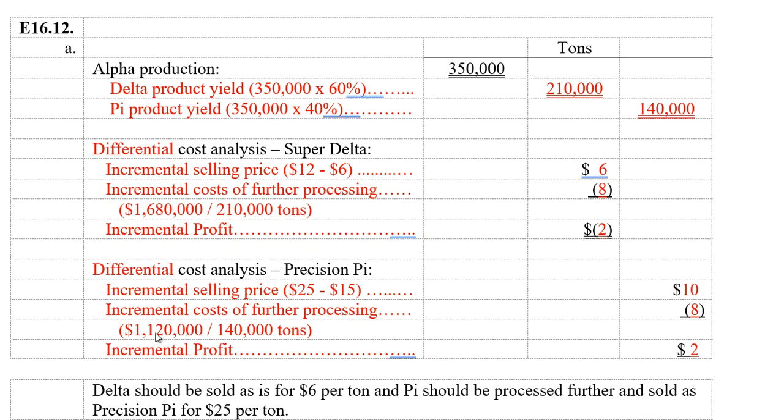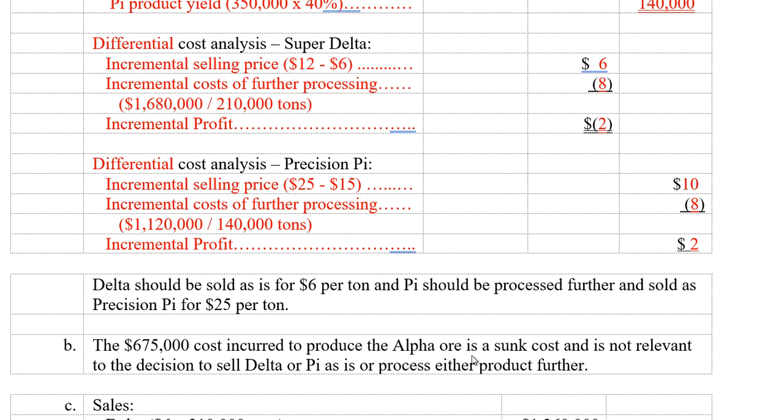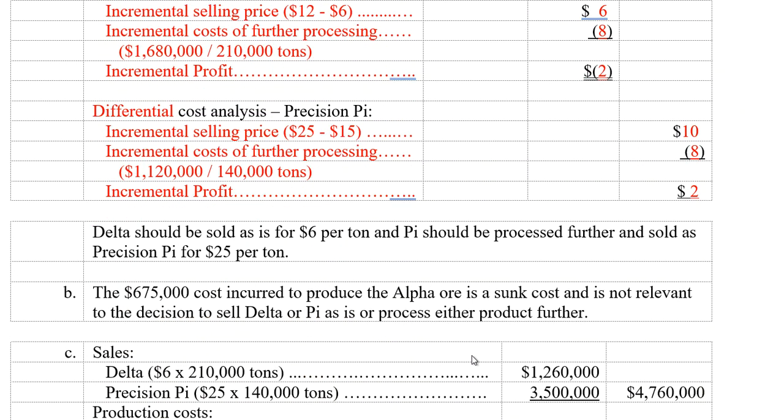These are your costs, so it's going to cost about $8 per ton. That gives us an incremental profit of $2. So this company may make the decision to process pi into precision pi, but just sell delta as is. That would be the decision that was made.